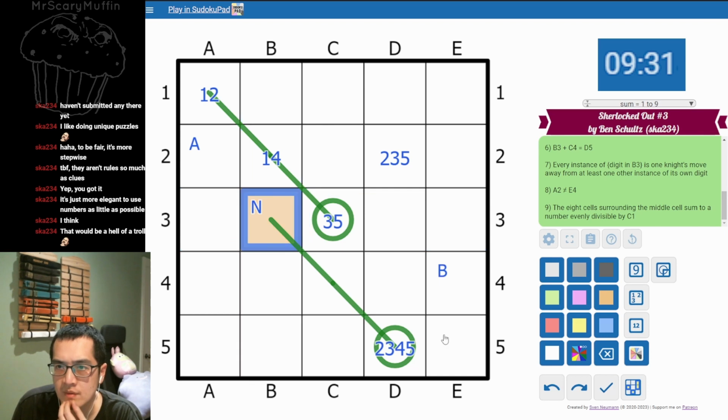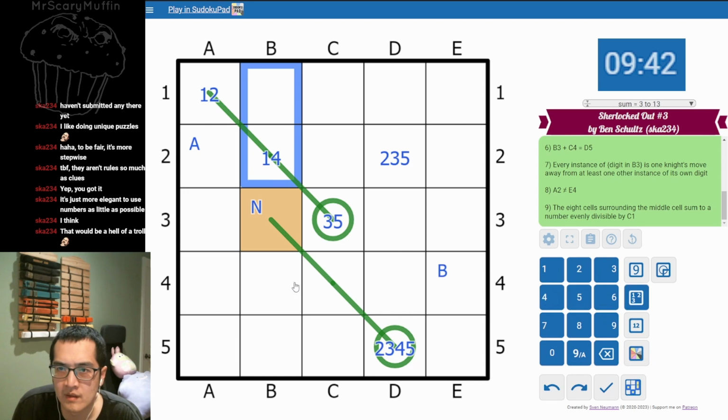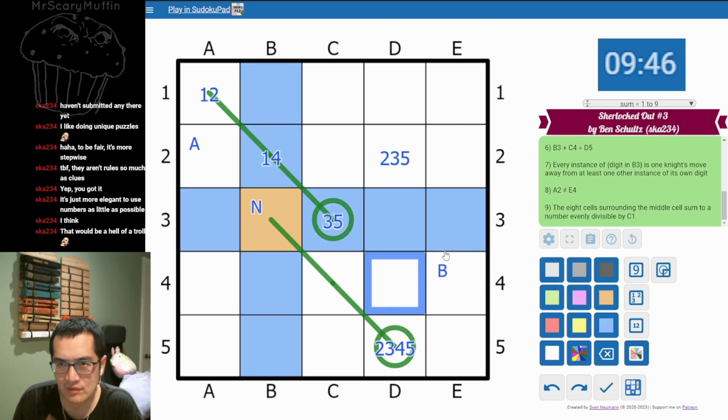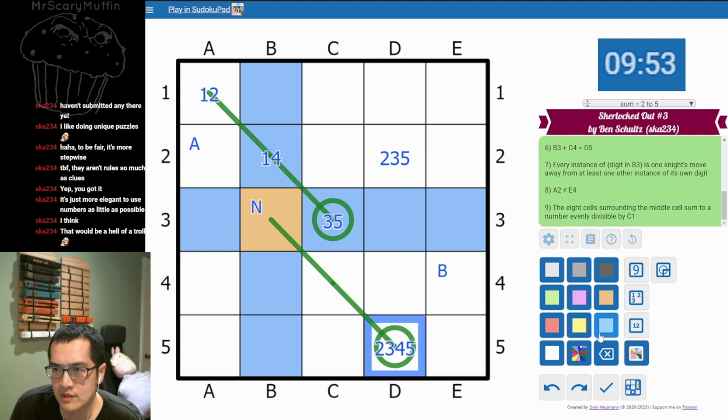So actually, let's use blue here, and then let's use green. No. Okay. Just think. I'm overthinking it. What I wanted to do was use another color to highlight the places where it could not be. So we know this number is definitely different than this number.